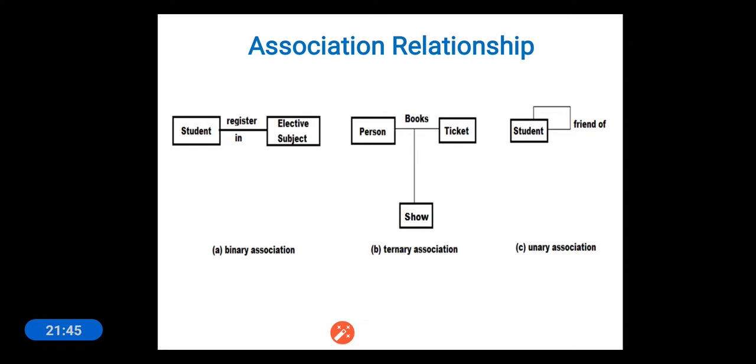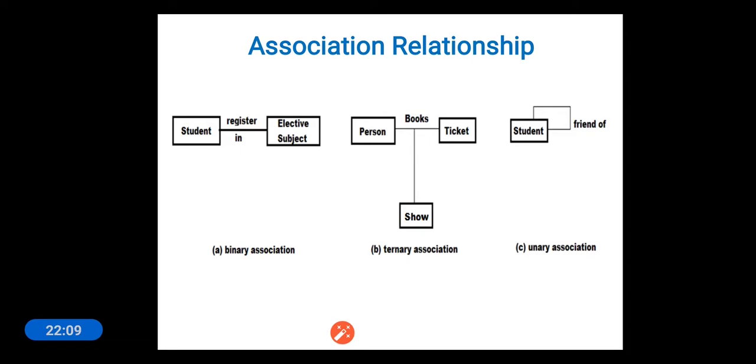For example, if you consider this figure, the student class. In a student class, we will have multiple student objects, right? So these students may be friends. That means a student is a friend of a student. So that is an example of unary association.